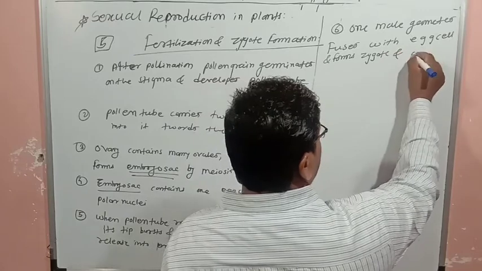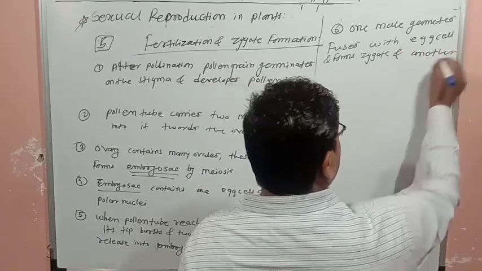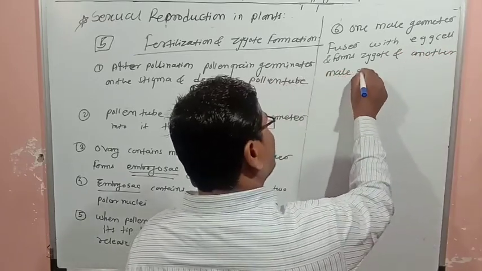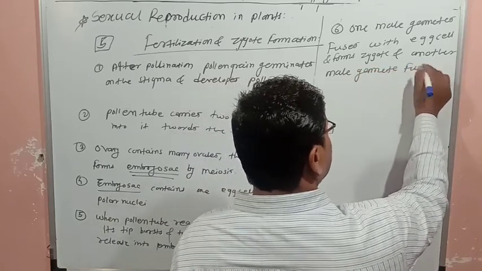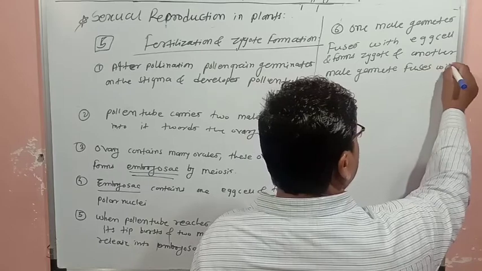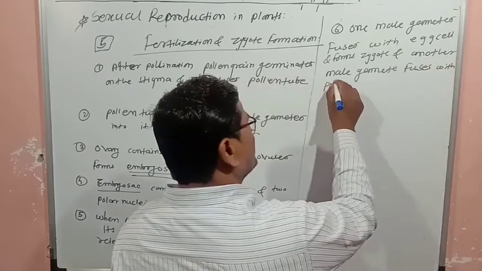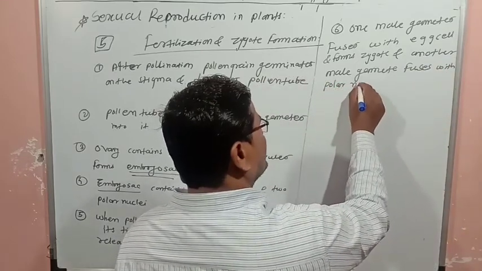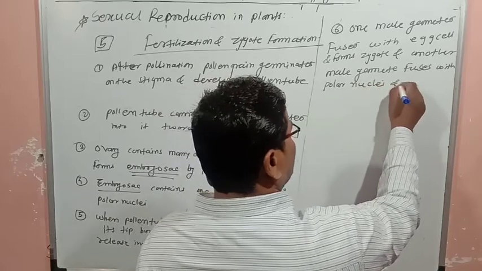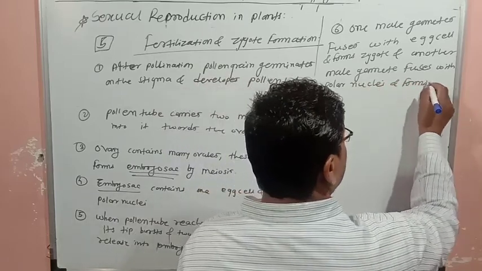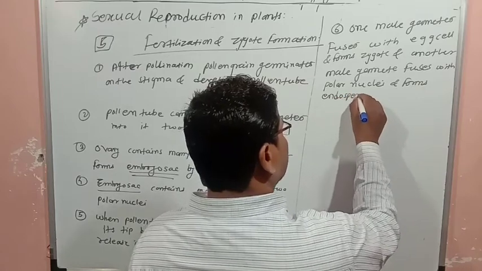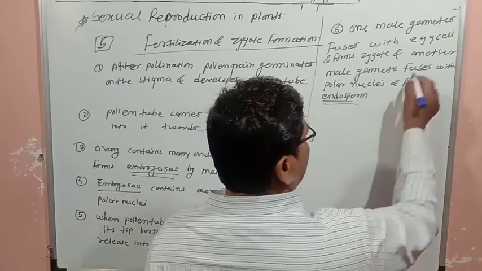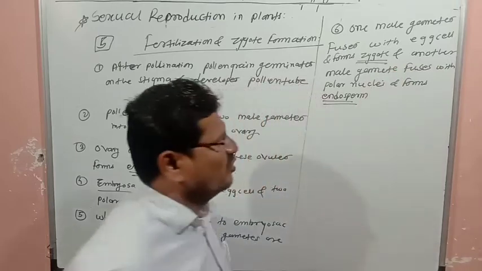And another male gamete fuses with the polar nuclei and forms the endosperm. Zygote and endosperm.